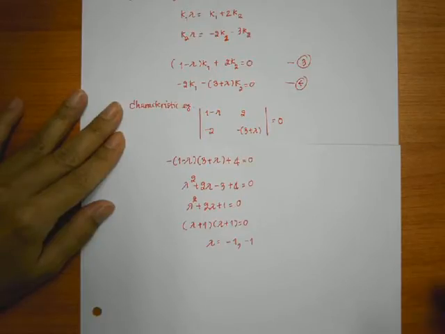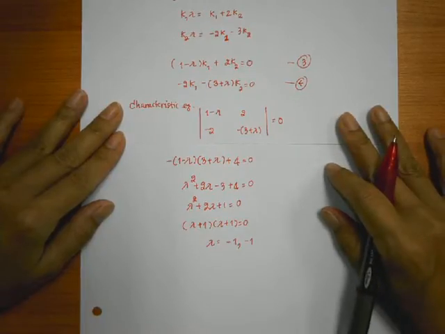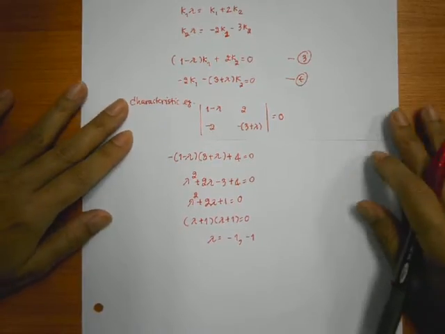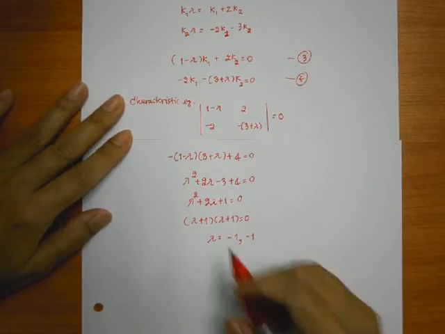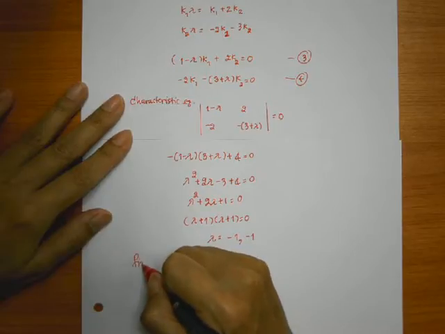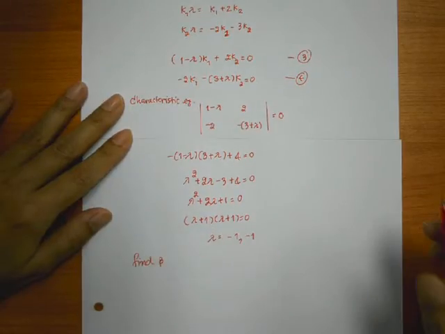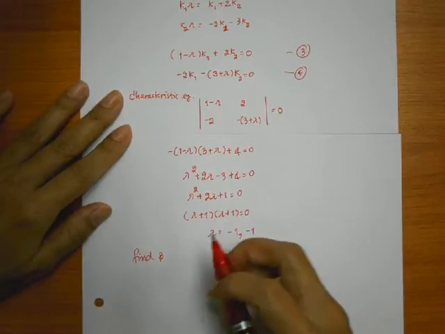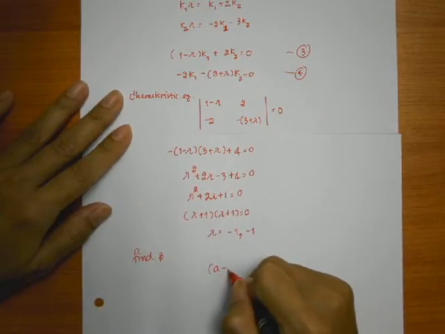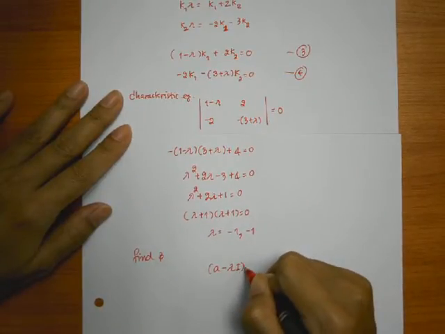So now our answer has to be in the second case. And in the second case, we have to find the beta value. In order to find that, we find beta by using the relation (A minus lambda I) times beta is equal to k.